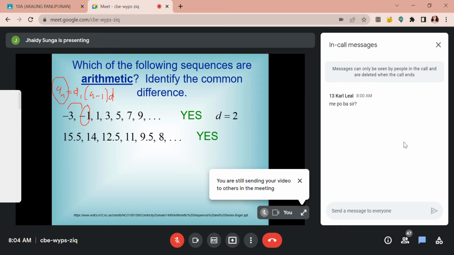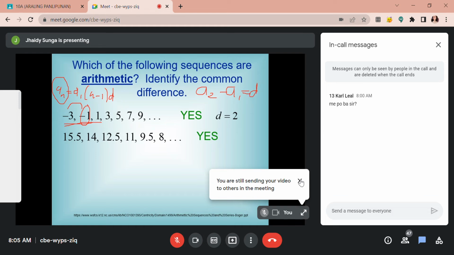But the formula in finding the common difference, what would it be? Alright, if you don't know, it's already here. This is the formula already. If you will notice, the formula would be a sub 2 minus a sub 1 is equal to d, the common difference.